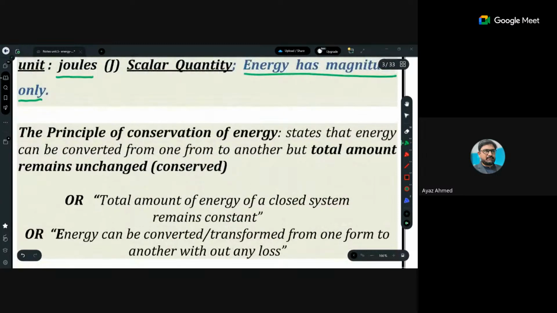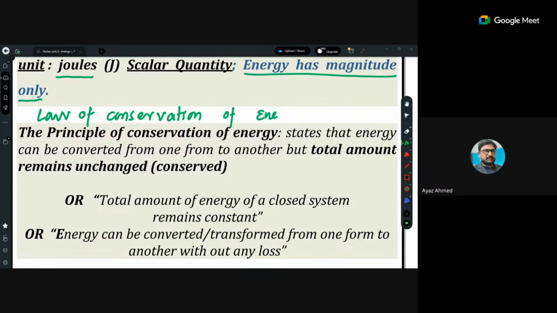Here is the law of conservation of energy, or principle of conservation of energy. Law of conservation of energy is usually asked to you for 2 marks, not more than that.